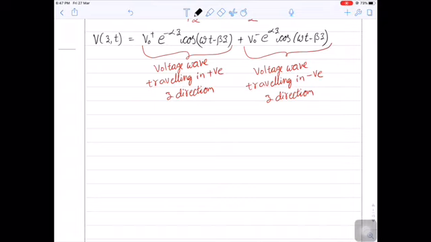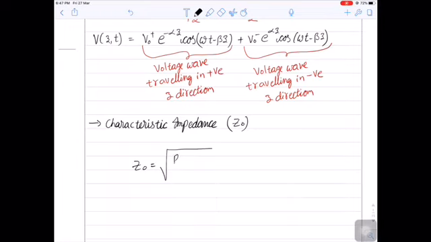Next, we discussed the characteristic impedance. We represented this characteristic impedance with Z0 and we derived the equation also, that is Z0 = √((R + jωL)/(G + jωC)), which is a complex quantity.